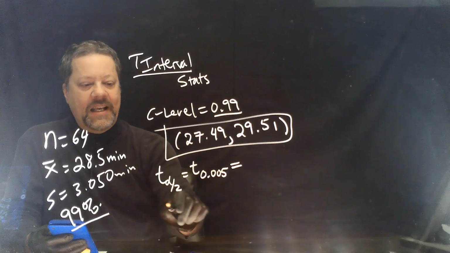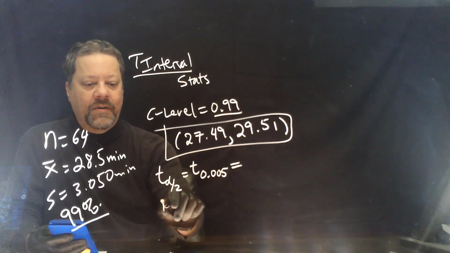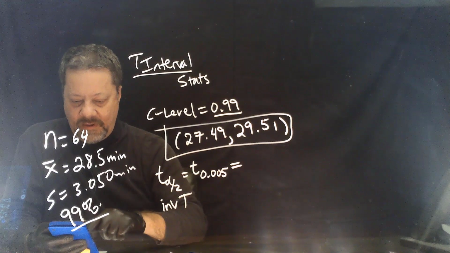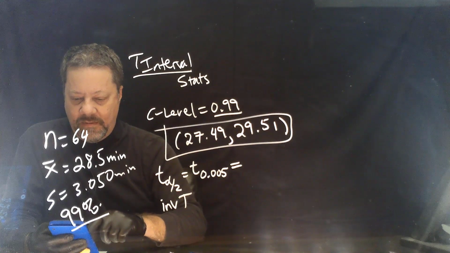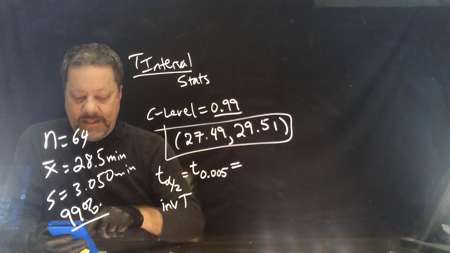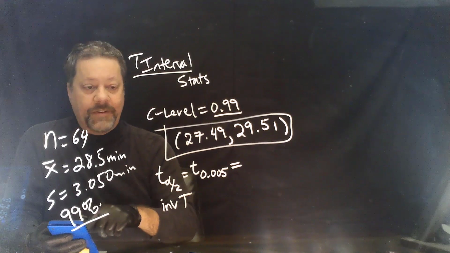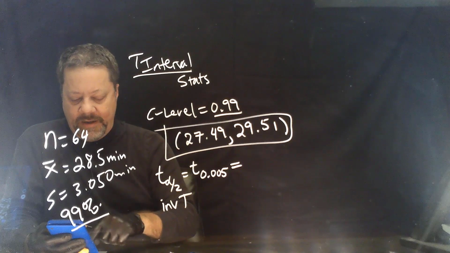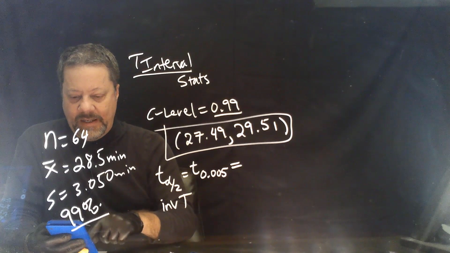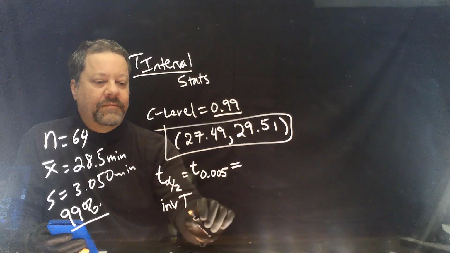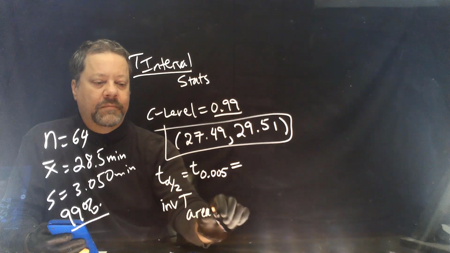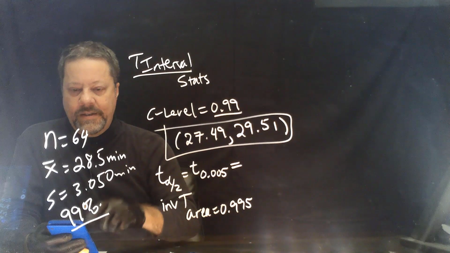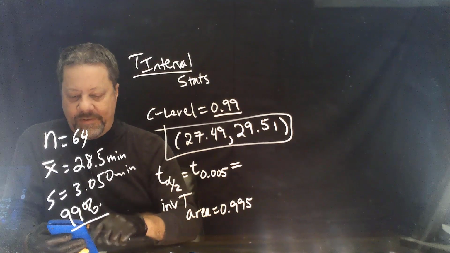We'll use the inverse t, that's second distribution, just above the vars button on the calculator. The area is 0.995. The degrees of freedom will be 63.